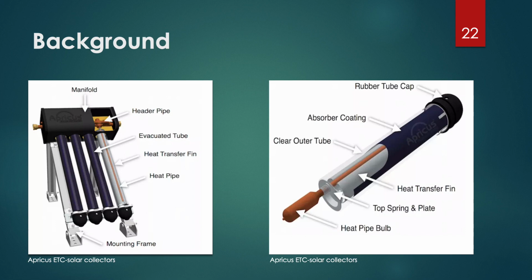The evacuated tubes consist of end rubber caps, absorber coating, clear outer tube, heat transfer fin, top spring and plate, and the heat pipe bulb. In further slides, we will be showing how this solar hot water system functions.